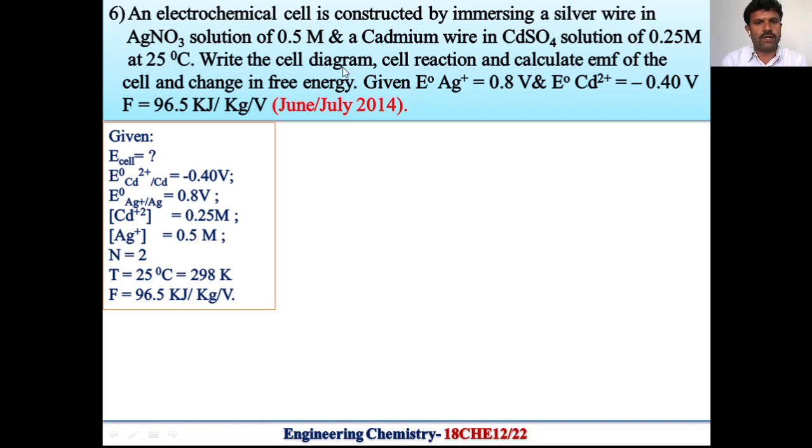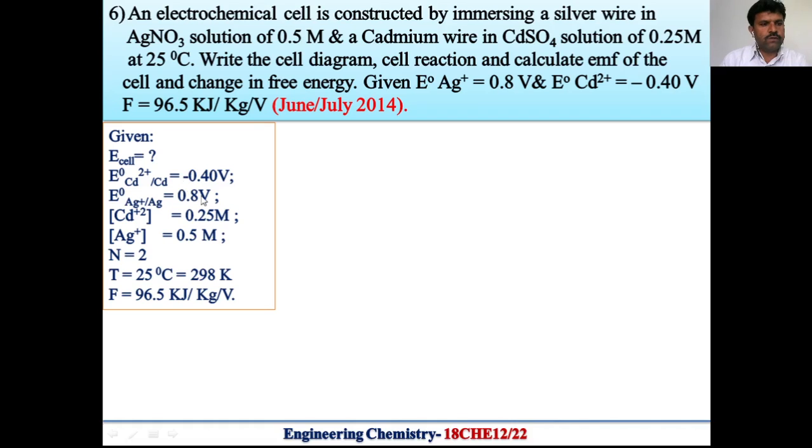Write the cell diagram, the cell reaction, and calculate the EMF of the cell and the change in free energy. The given E naught of Ag+ is 0.8 volt and E naught of Cd2+ is minus 0.4 volt, and the value of F is 96.5 kilojoules per volt.